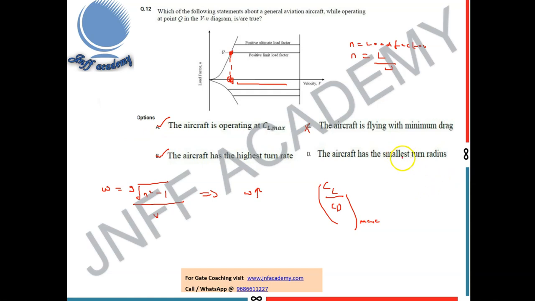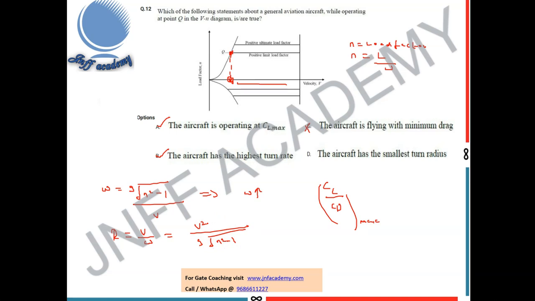Option D is the aircraft has a smaller turn radius. What is the turn radius formula? R is equal to V by omega, velocity divided by turn rate. If you substitute that, V divided by omega, it becomes G into root of n square minus 1 into V, so it becomes V square.